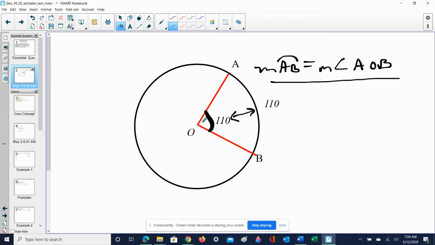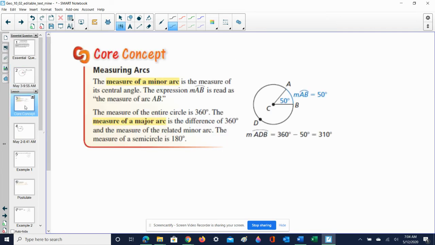If I knew the arc, I know the angle. If I know the angle, I know the arc. This is just one of the things from your textbook that you might notice.